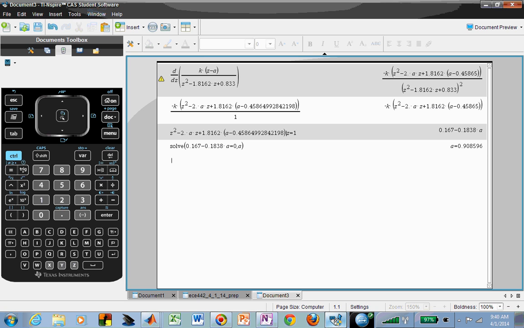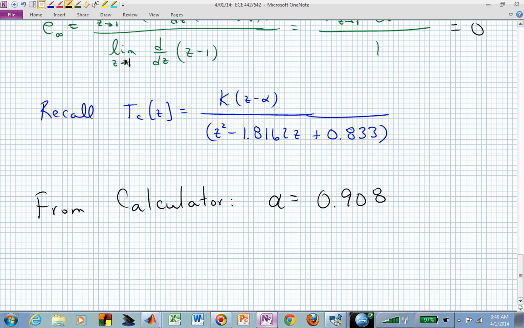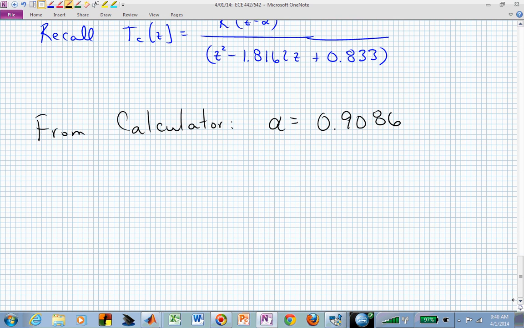Is that what I had? 0.9086 if I wanted to get a little bit more significant digits. Now I have my T sub c with only one unknown parameter, which is the gain k.